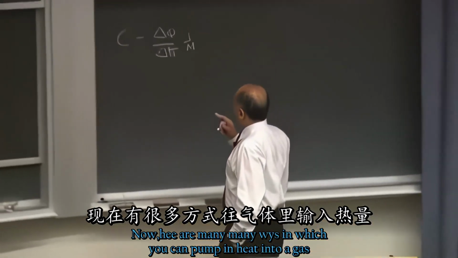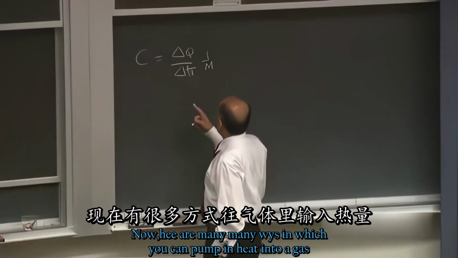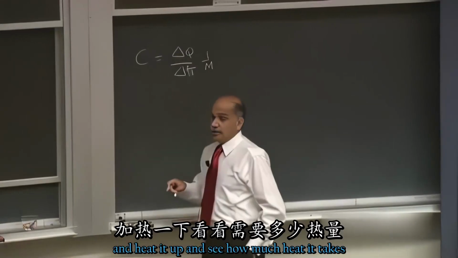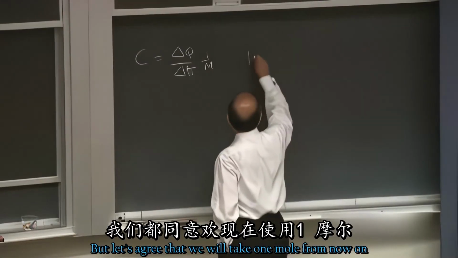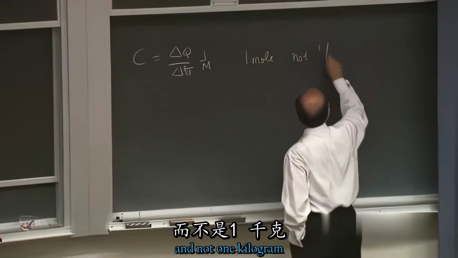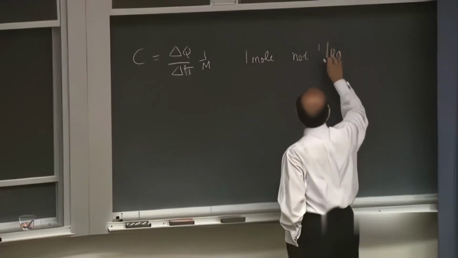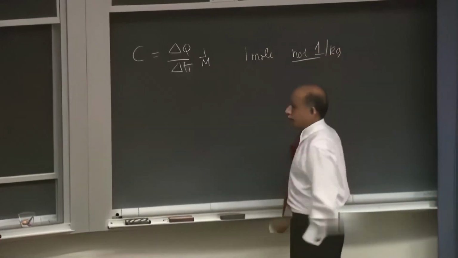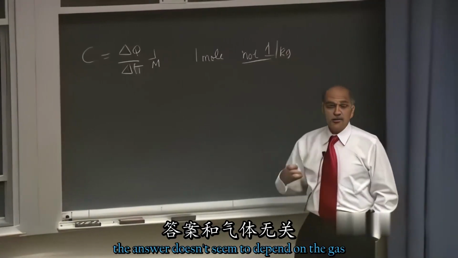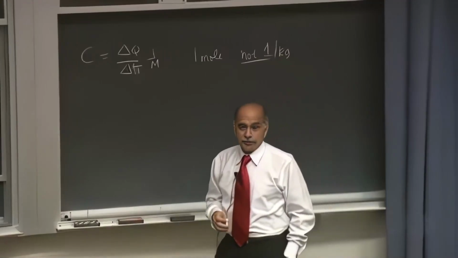Now, there are many, many ways in which you can pump in heat into a gas and heat it up and see how much heat it takes. But let's agree that we will take 1 mole from now on and not 1 kilogram. We'll find out if you do it that way, the answer doesn't seem to depend on the gas. That's the first thing.